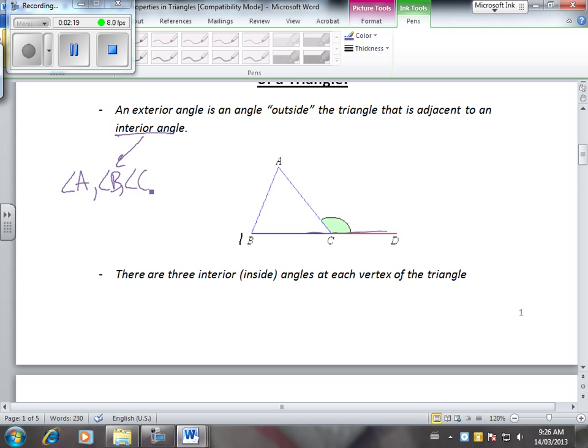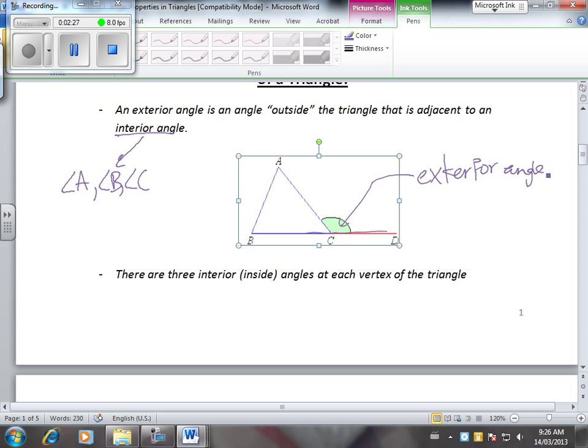Okay, and here's your exterior angle. Okay, and we know that there are three interior angles and they're located at the vertex of the triangle, so each vertex. So B, A, and C are vertices, is the plural, or a vertex.